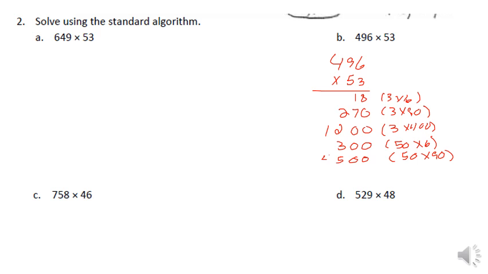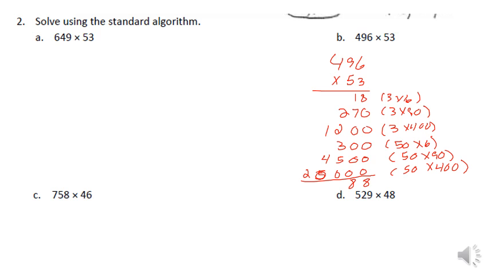We have 2 placeholders, so we're going to put 2 placeholders. 9 times 5 is 45. And our last one is 50 times 400. And you can see we have 3 placeholders, and 5 times 4 is 20. I'm sorry, I was looking at the wrong digits.